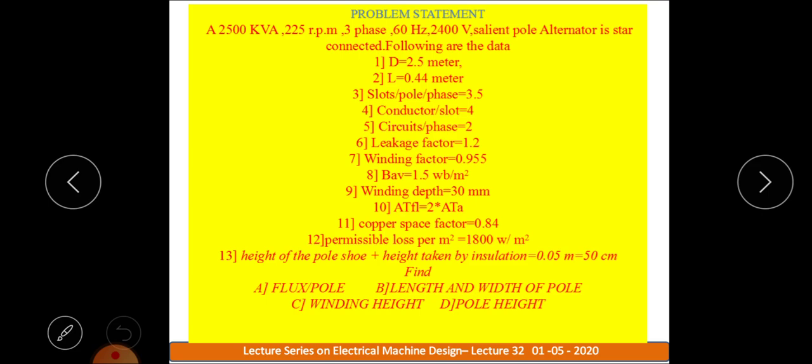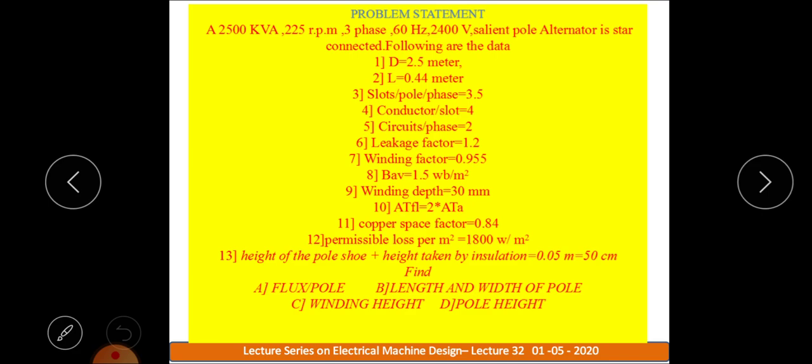Copper space factor is given as 0.84. Permeable loss per meter square is given as 1800 watt per meter square. And the last condition given is height of pole shoe plus height taken by insulation, overall it is taken as 0.05 meter, or in centimeter, it is 5 centimeter.